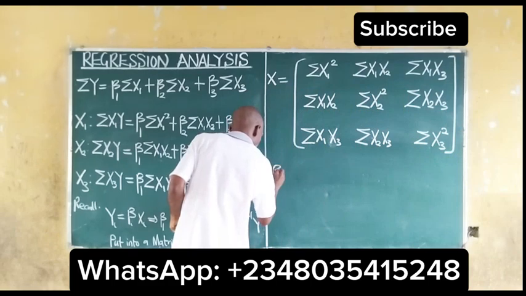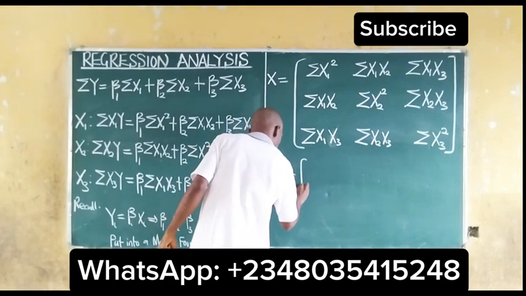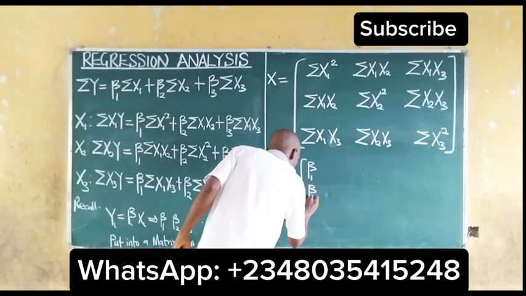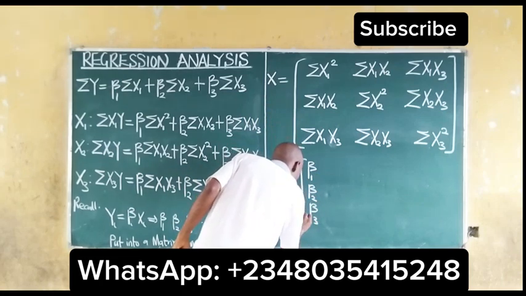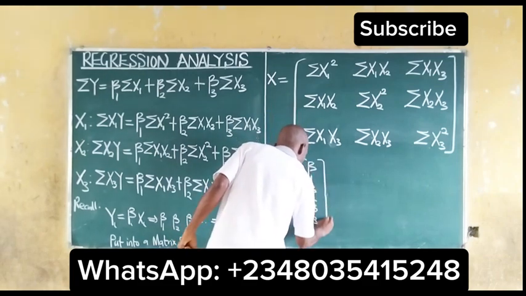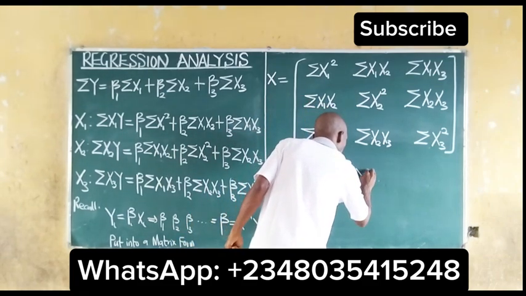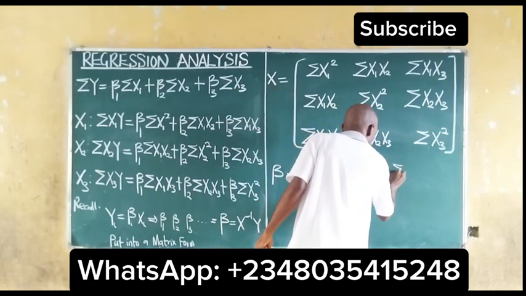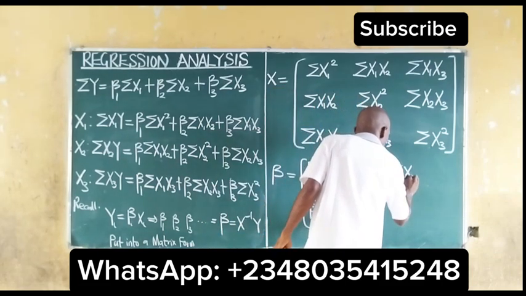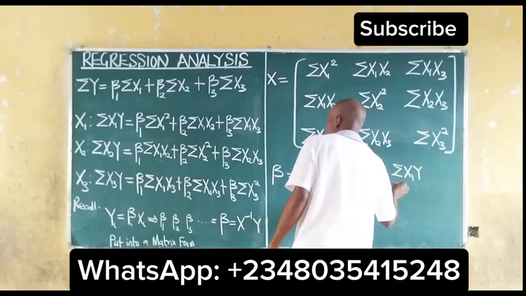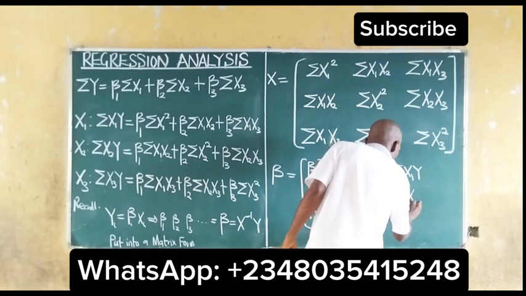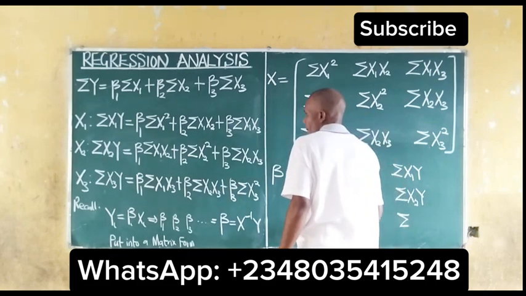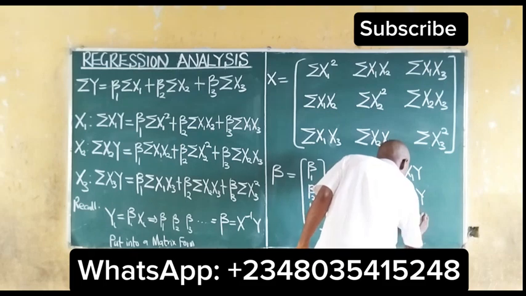Then our b can be written as b1, b2, and b3. And our y is summation of x1y, summation of x2y, and summation of x3y.